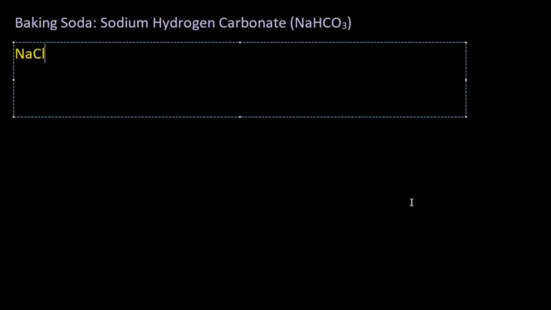What we do is we take common salt and dissolve it in water, and then we pass two gases, namely carbon dioxide and ammonia gas, through this solution of sodium chloride and water, and what we get is ammonium chloride, which perhaps you might remember is a sublimatic substance, and sodium hydrogen carbonate, that is baking soda.